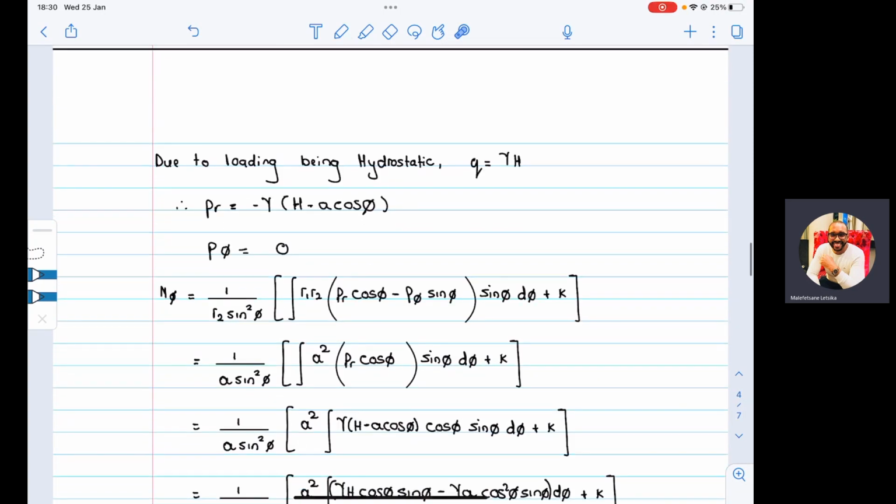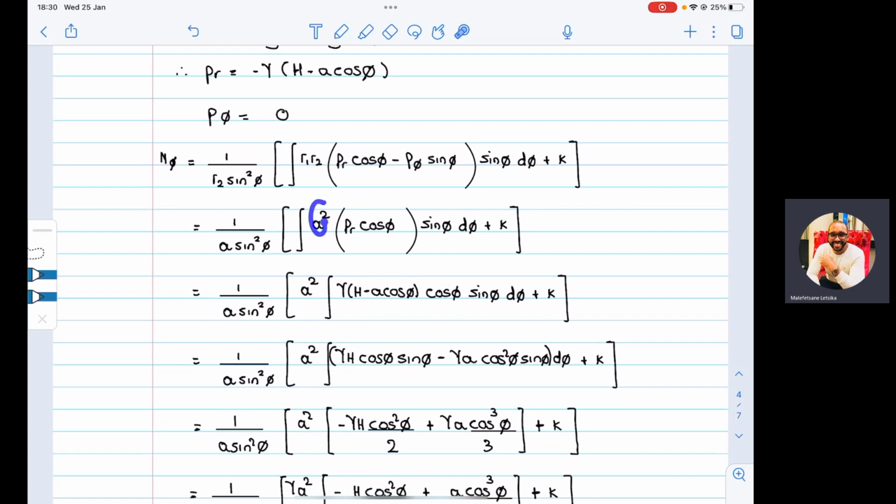Okay, so I took that equation and now I'm going to substitute in for PR. P phi we know is 0. R1 and R2, it's still the same theory. It's a spherical dome, that means R1 and R2 are the same, hence it's A. So I've substituted them here.